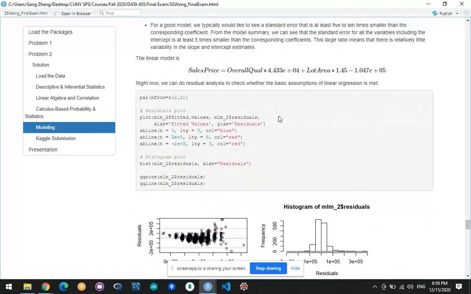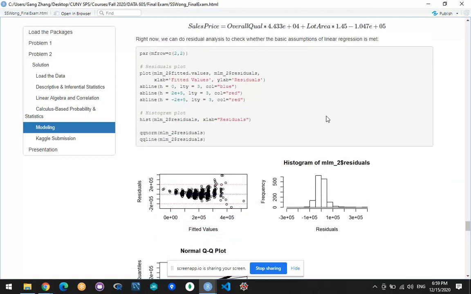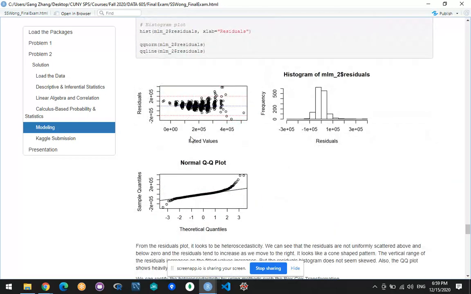Right now, we can move to the next step, doing the residual analysis to check whether the basic assumptions of linear regression are met, and we can quickly see it here.